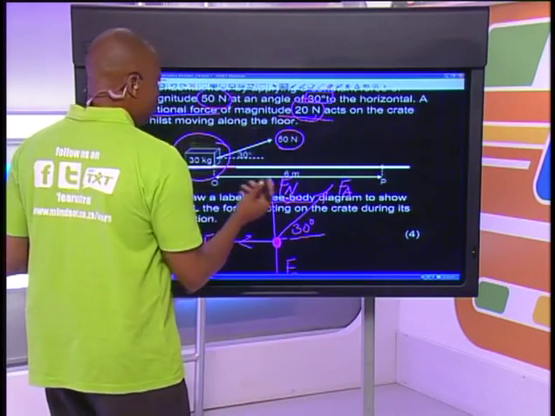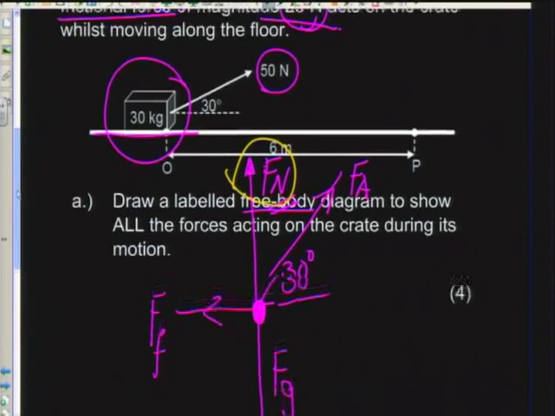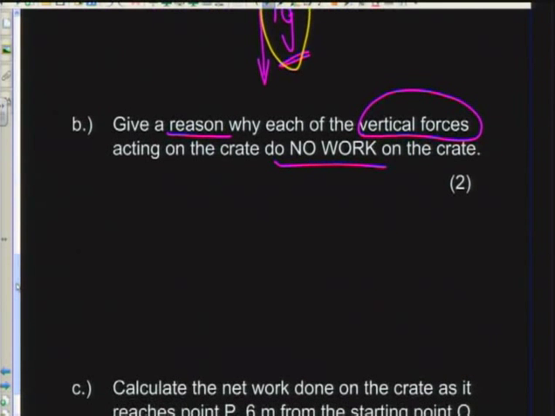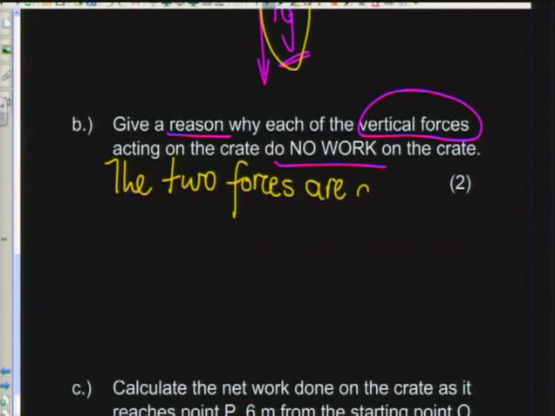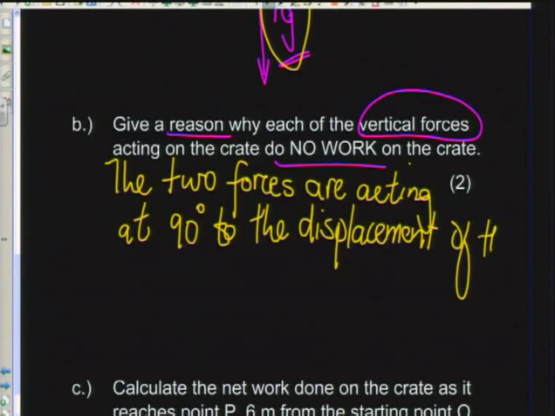So the reason why these two forces, the normal force and the force due to gravity, are doing no work is that they are acting perpendicularly, or at 90 degrees, to the displacement of the crate. No work is done by these two forces on that crate.